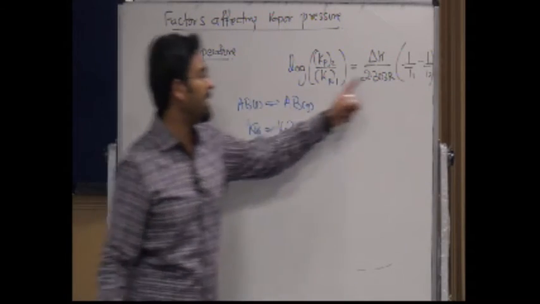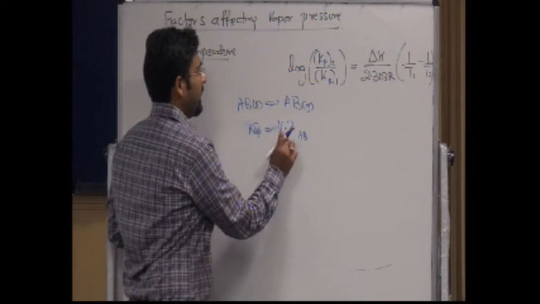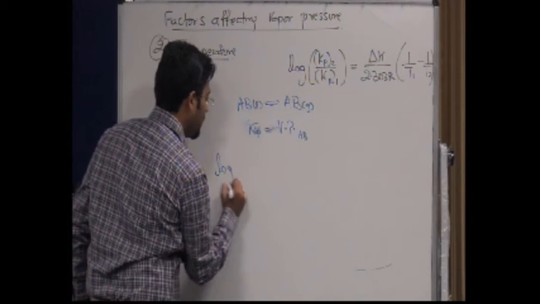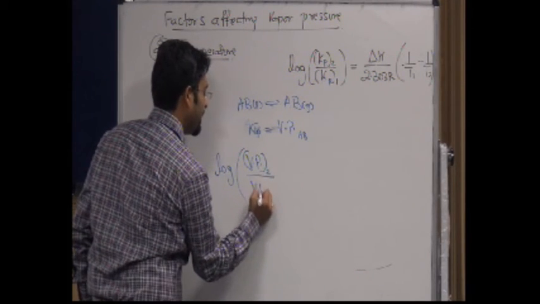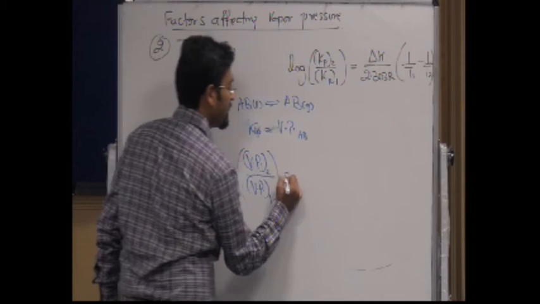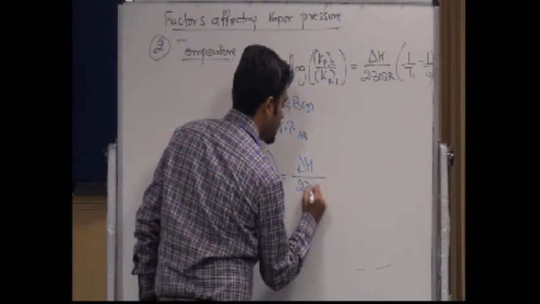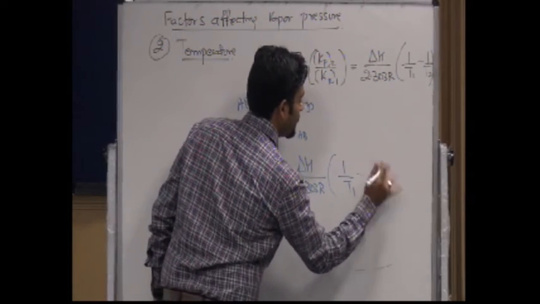Kp at temperature T1, Kp at temperature T2. Since Kp is also equal to vapor pressure, I can replace this equation as log of vapor pressure at temperature T2 divided by vapor pressure at temperature T1 is equal to delta H upon 2.303 R into 1 upon T1 minus 1 upon T2.